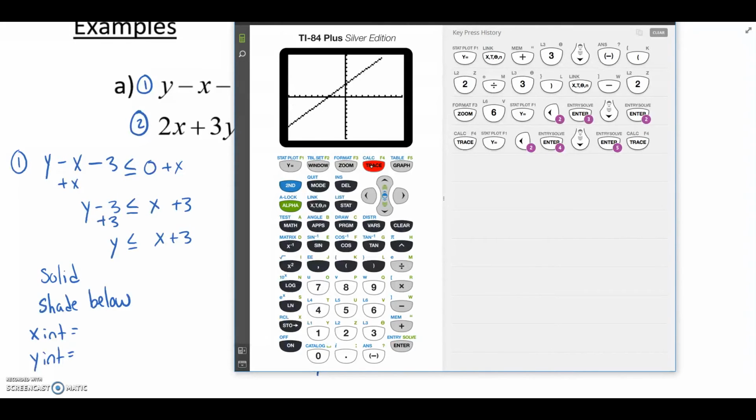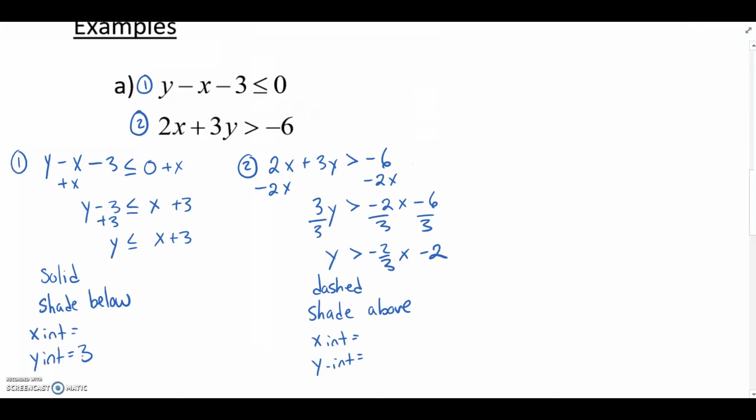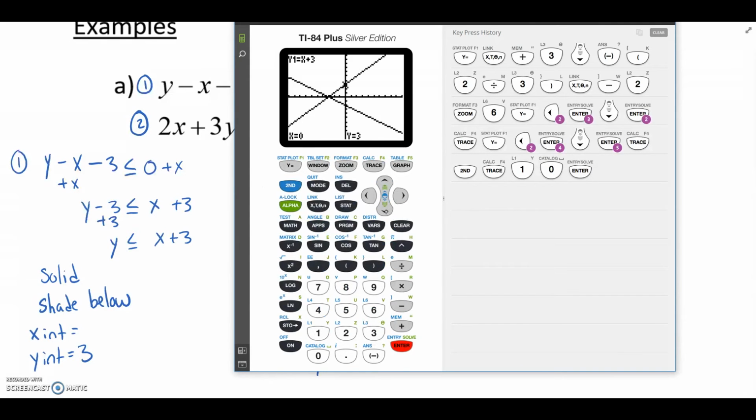So trace, that's back there, and it's much easier to navigate and see what's going on. I'm actually sitting right on my y-intercept already, but just as a reminder, second trace value, you're going to put in x is 0 and hit enter. And then if you hit arrow down, so that's on y1, I've got a y-intercept of 3. Put that in here. And then under y2, if I press down, I've got a y-intercept of -2.